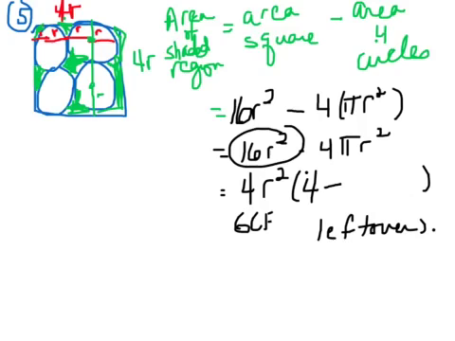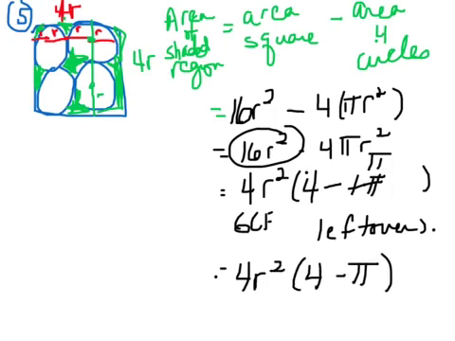I'll go ahead and write it down. The pi is still in there, right? We didn't divide the pi out. What about the r squareds? They're all gone, right? So 1 times pi, do y'all agree with me? That's just pi. So my answer, in factored form, would be 4r squared times 4 minus pi.